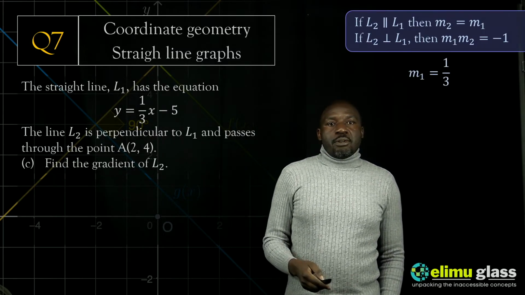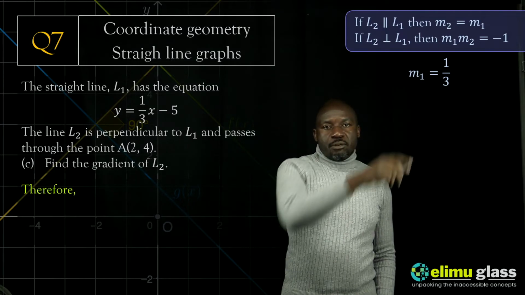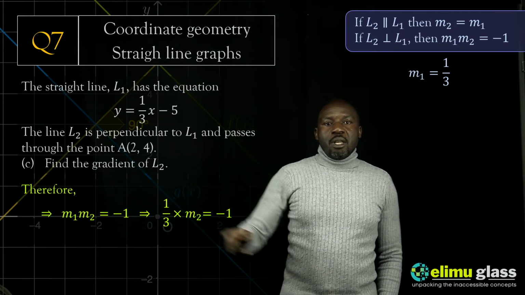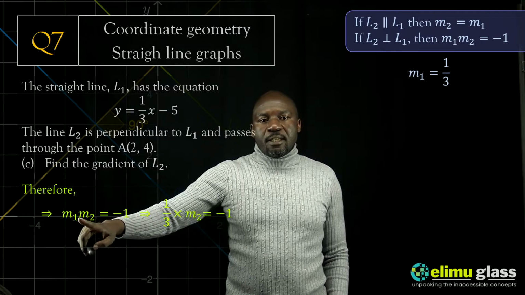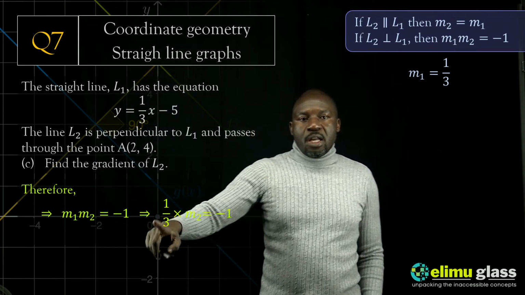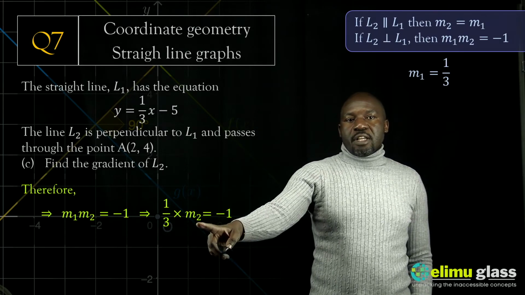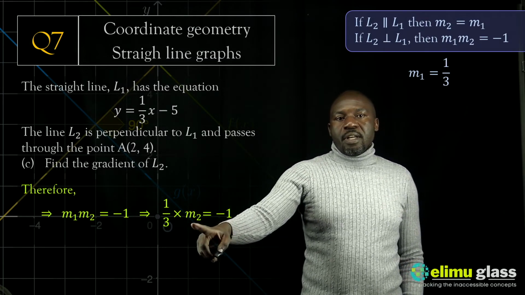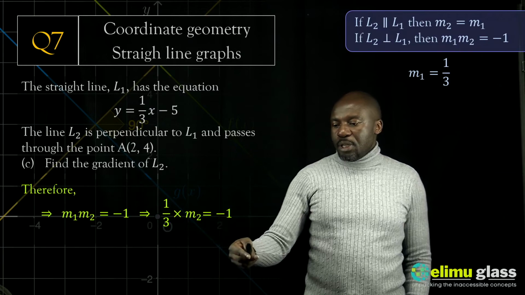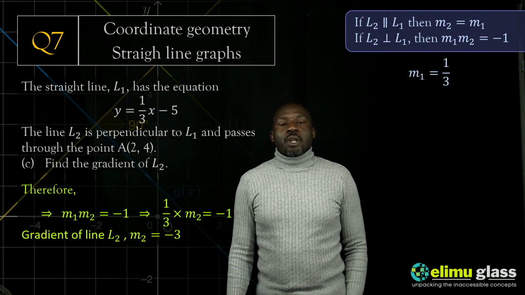So m1 is known. By that second rule, the product of the gradients must be -1. So a third, which is the gradient of the first line, times the gradient of the second line must be -1. So clearly m2 is going to be -3.